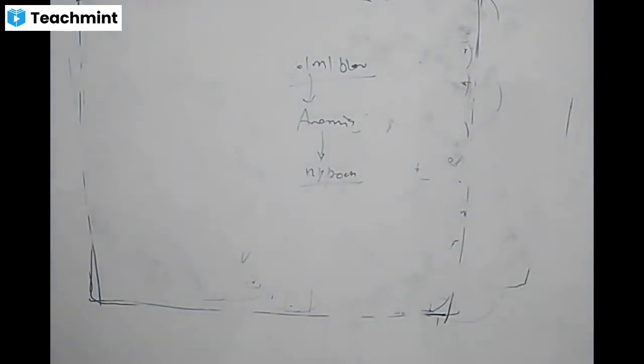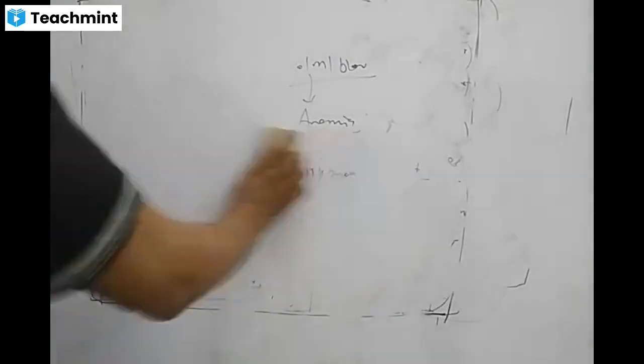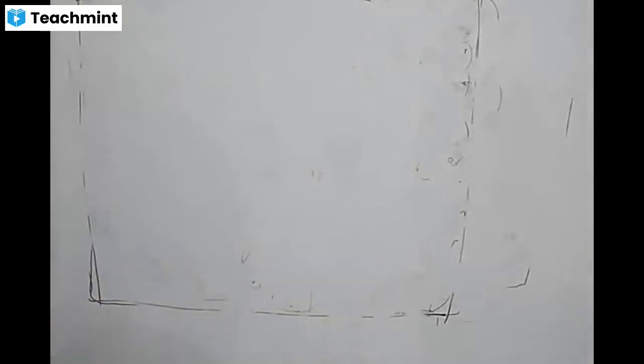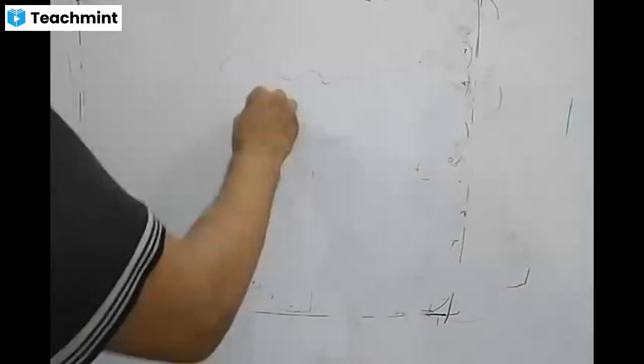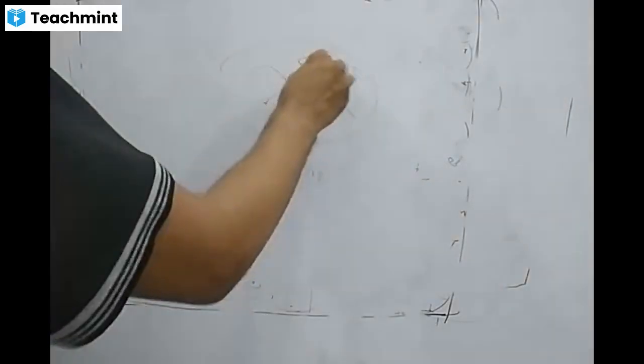So the more important sign and symptom with Ancylostoma is the anemia. So this Ancylostoma is present in the small intestine of your dog.